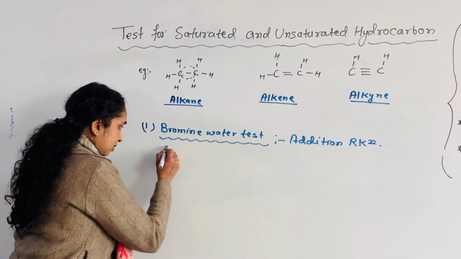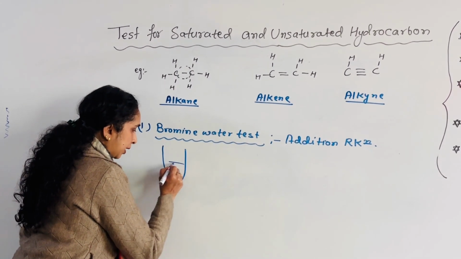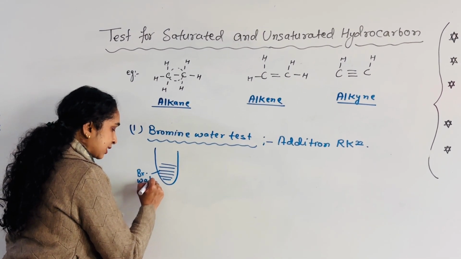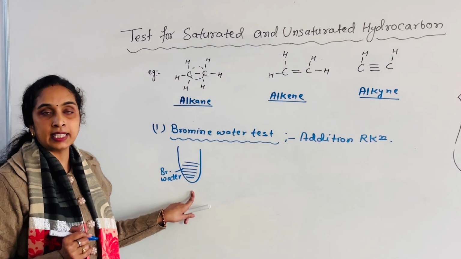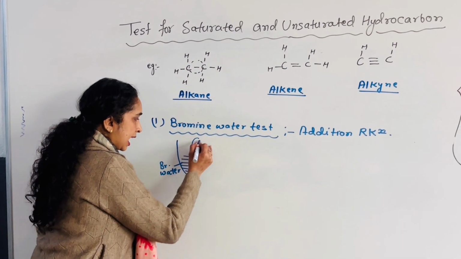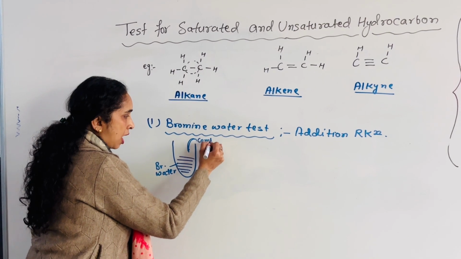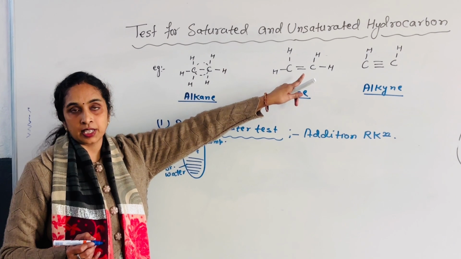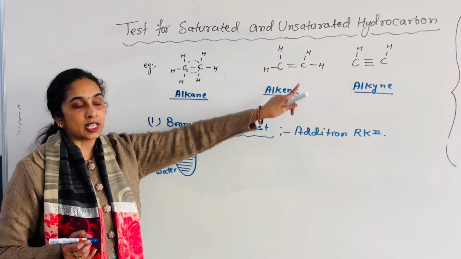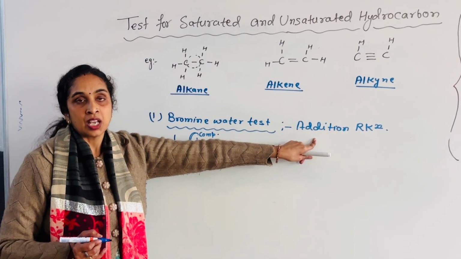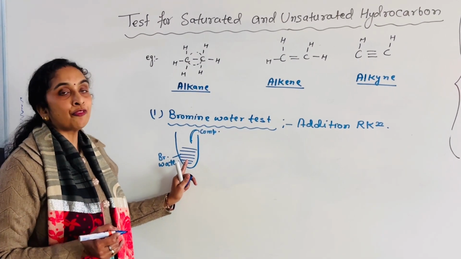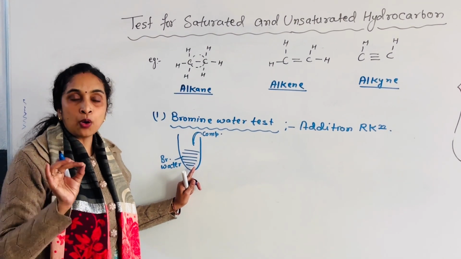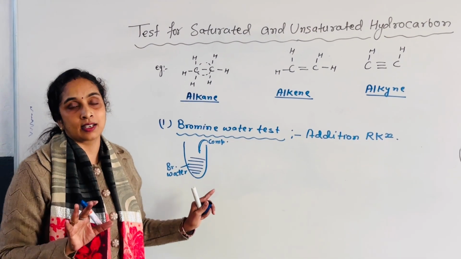When we take bromine water in a test tube and add a saturated or unsaturated hydrocarbon, if it is unsaturated, a reaction known as an addition reaction takes place, and gradually the brown color of bromine water is decolorized.